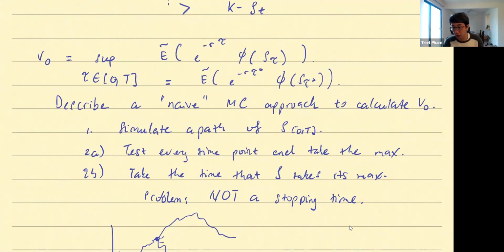Can we do better now that we know what tau star is? So tau star will be the first time that the value is equal to this. I don't think so. We know tau star, so we should be able to simulate it better. Anyone else have any other thoughts?